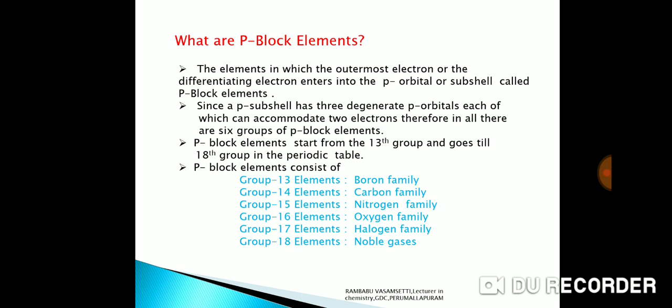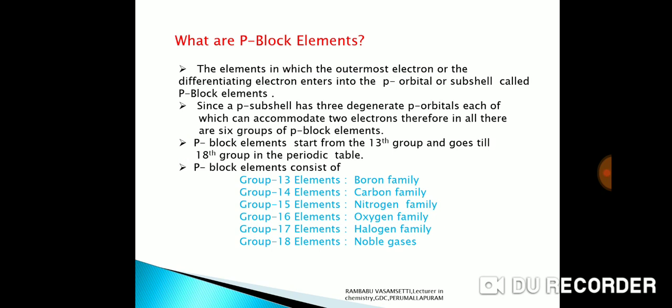Generally, a p orbital contains three degenerate orbitals, that is px, py, pz, which can accommodate 6 electrons. Hence the p block elements contain 6 groups, starting from 13 to 18. Namely, group 13 is called the boron family, then group 14 the carbon family, then the nitrogen family, oxygen family, halogen family, and the noble gases.